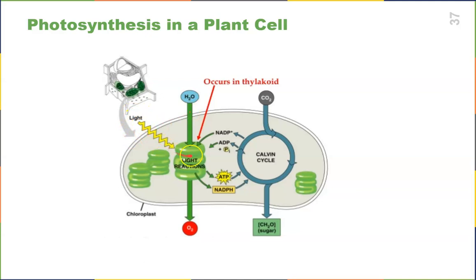Light energy is used to excite the electrons from water, and then the leftover electron is captured by NADP to make NADPH. All of the hydrogen ions that are being pumped against their gradient are used to make ATP, and then these two molecules move on to the Calvin cycle.